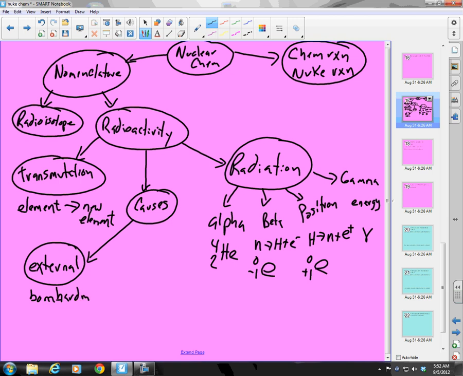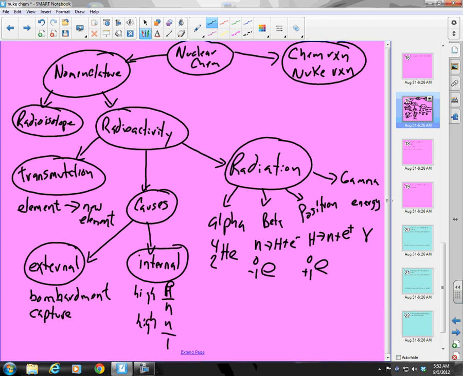Bombardment, like bombardment by a neutron, or capture of an electron, or capture of an alpha particle. And we said some causes can be internal, and that just means when nature made some of these, they were unstable. Why? Because they either have a high proton to neutron ratio, or a high neutron to proton ratio.